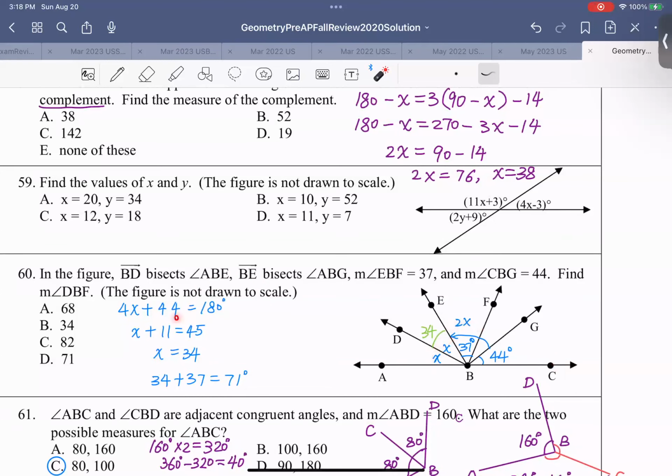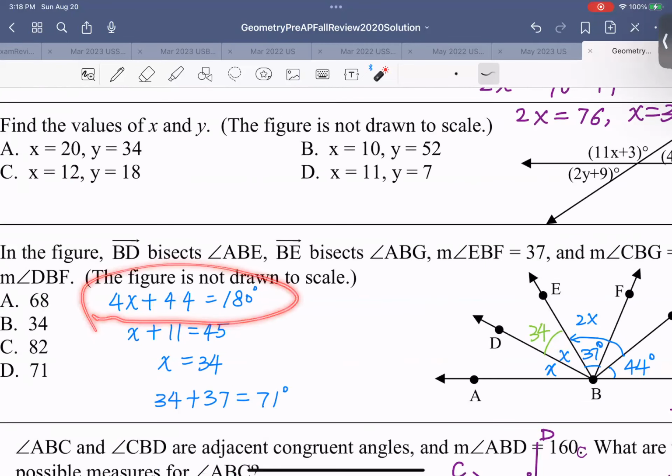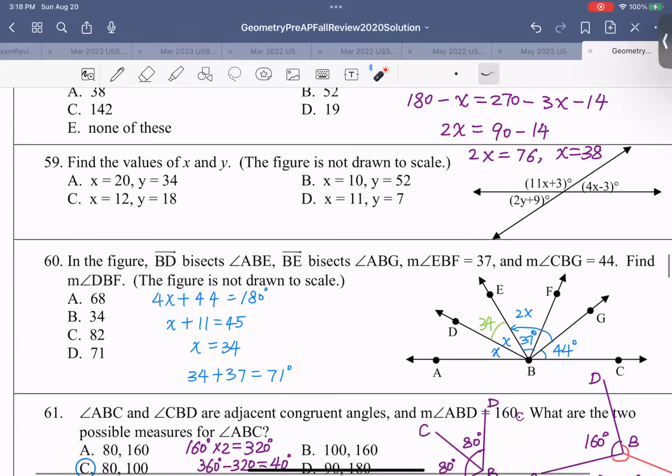And then you move around and solve. Actually, I like to do the simple way. Everybody is divided by 4. 180 over 2 is 90, over 2 is 45, so I get the X value. Okay, yeah. Any questions so far?